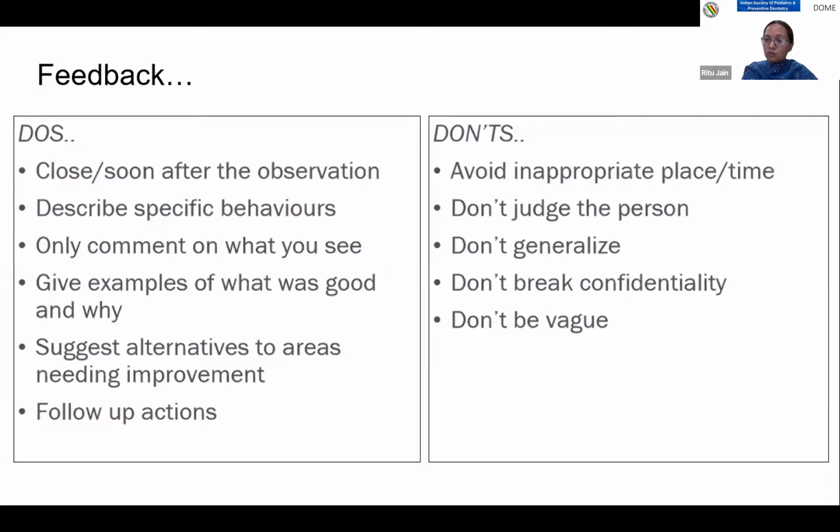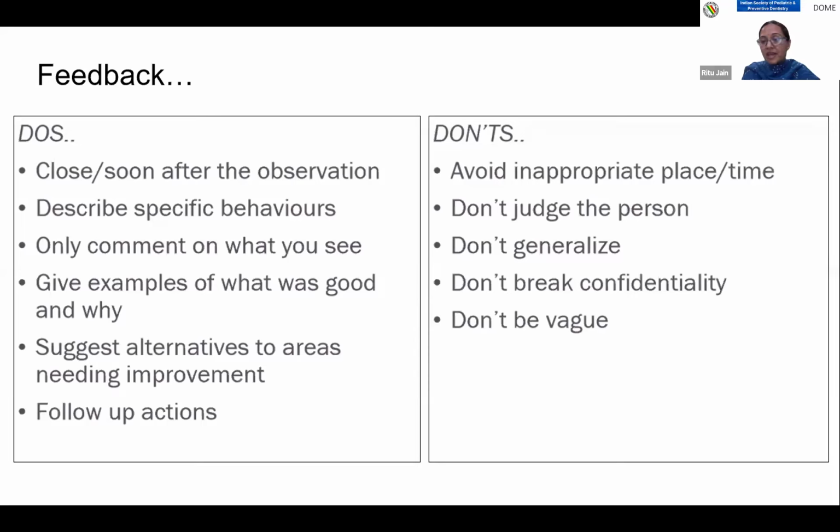The faculty also knows all the details about how the procedure went, what were the shortcomings, what were the areas of strengths correctly. So the feedback will be more valid and more precise if it is given immediately or soon after the observation. Feedback should always describe very specific behavior.